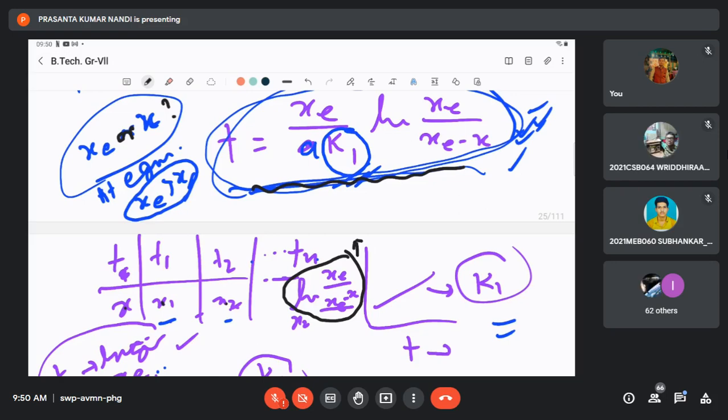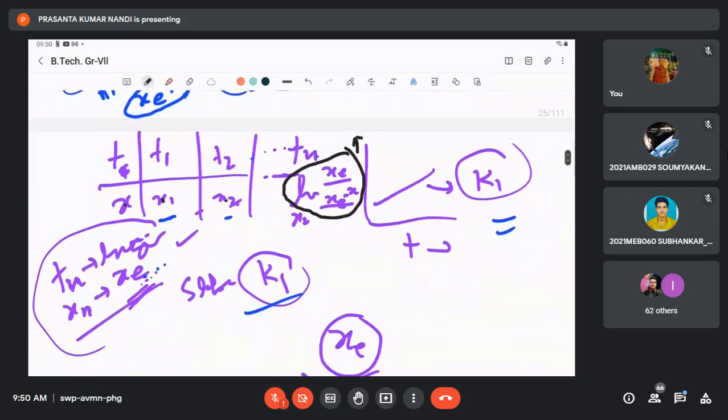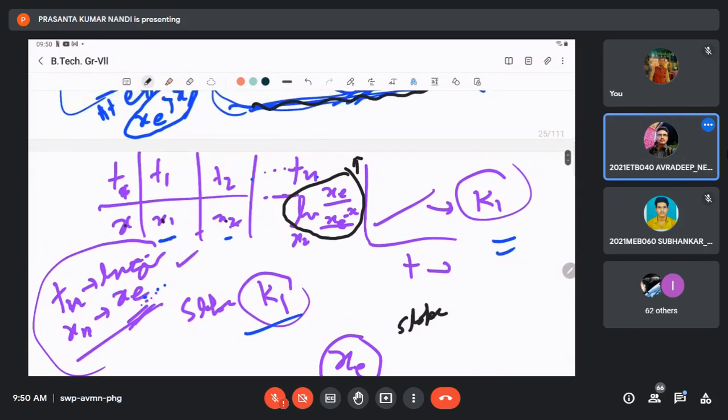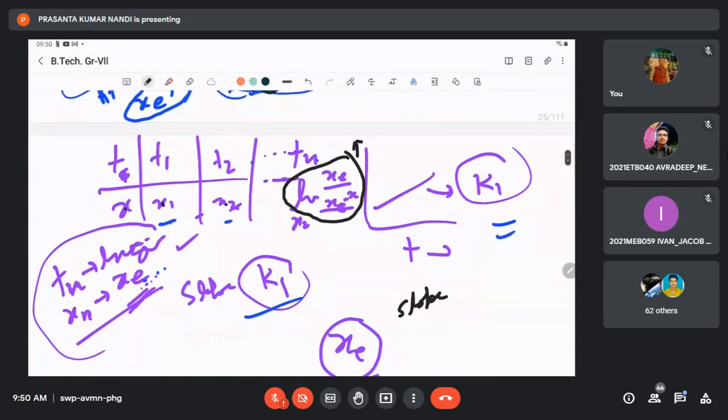Can you guess? What is the slope? The slope is A K1 by Xc. We are plotting ln this versus t, right? So the slope would be equal to A K1 by Xc.